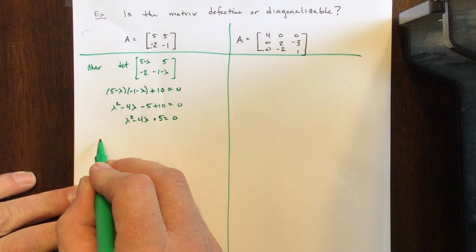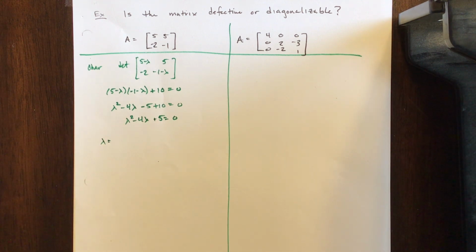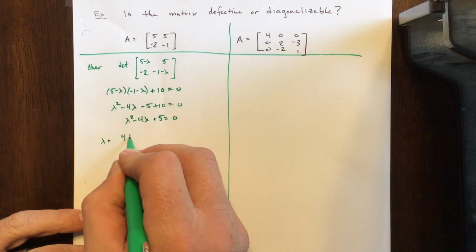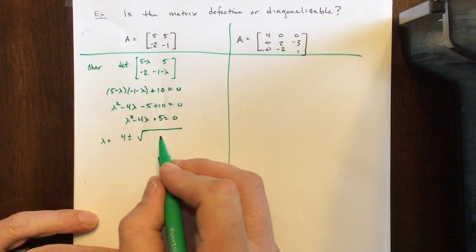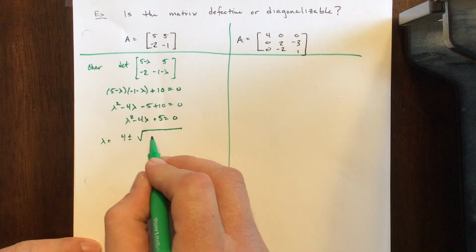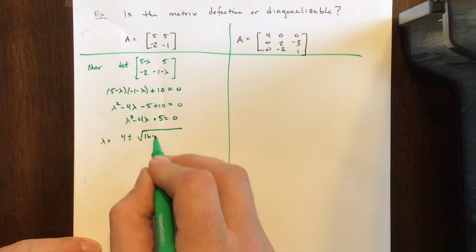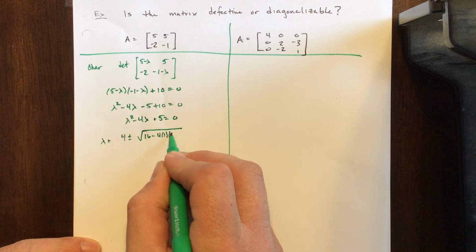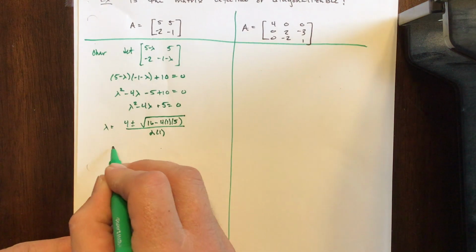So we get lambda equals, sorry about that, 4 plus or minus the square root of b squared, so that's 16, minus 4 times 1 times 5, all over 2 times 1.